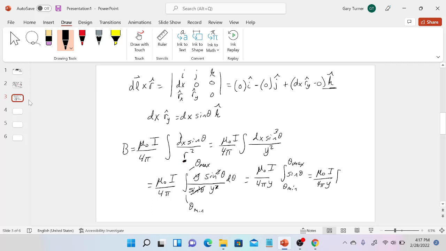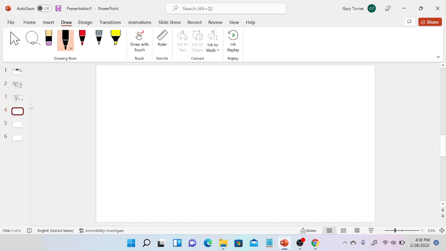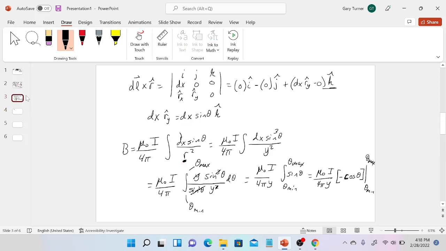And the result is negative cos of, okay, but notice, and by the way, this is all in the k direction.